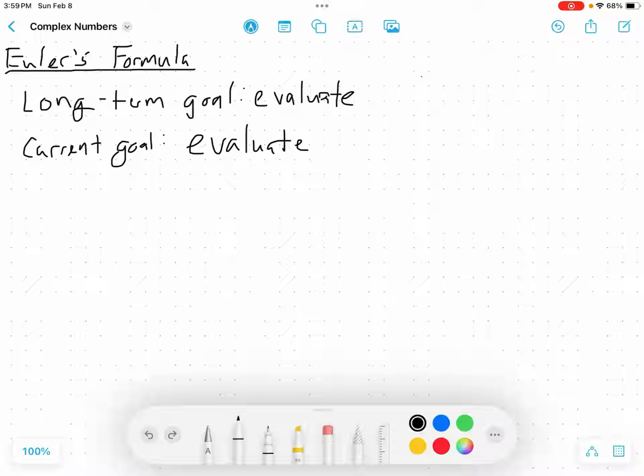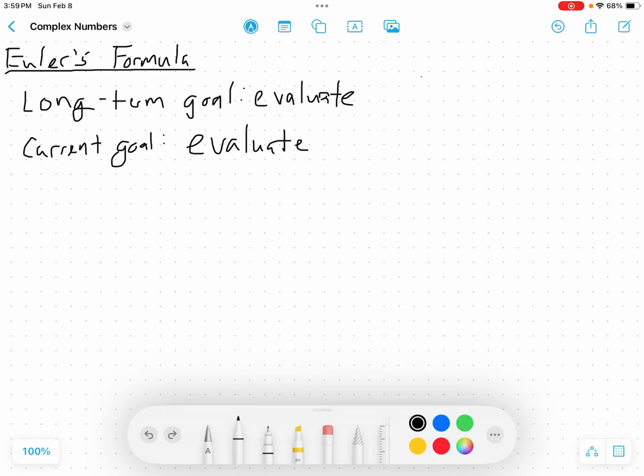But we want to now figure out, what does it mean, what should it mean to look at powers, exponents involving complex numbers. So we're going to start out somewhat small, looking at how to evaluate a real number to a complex power.